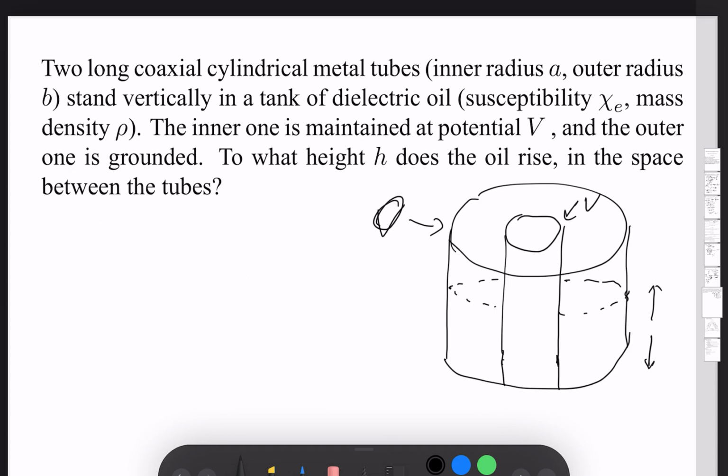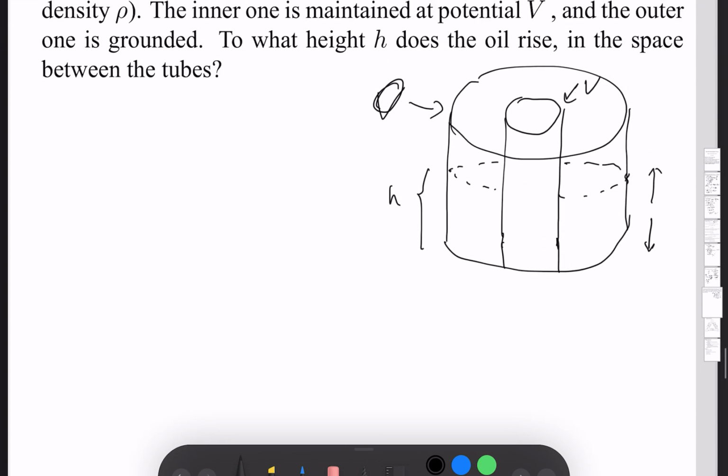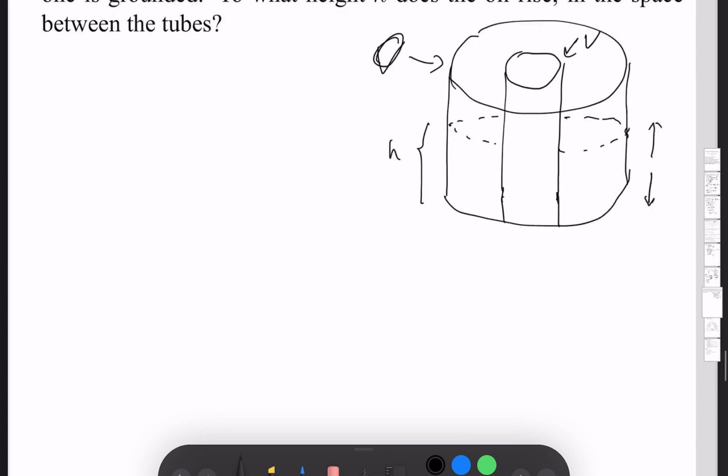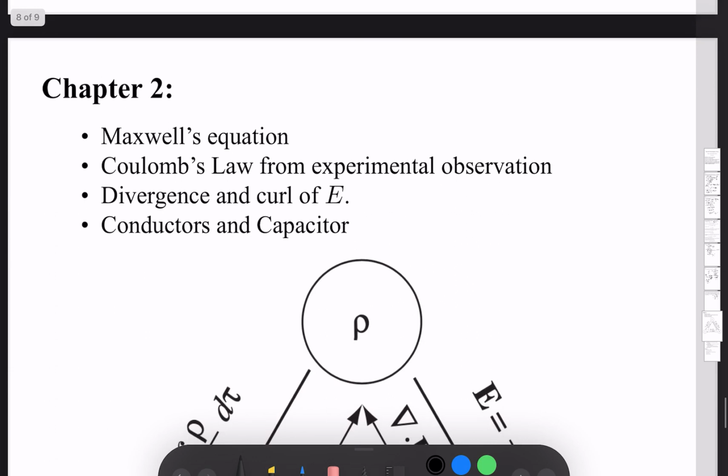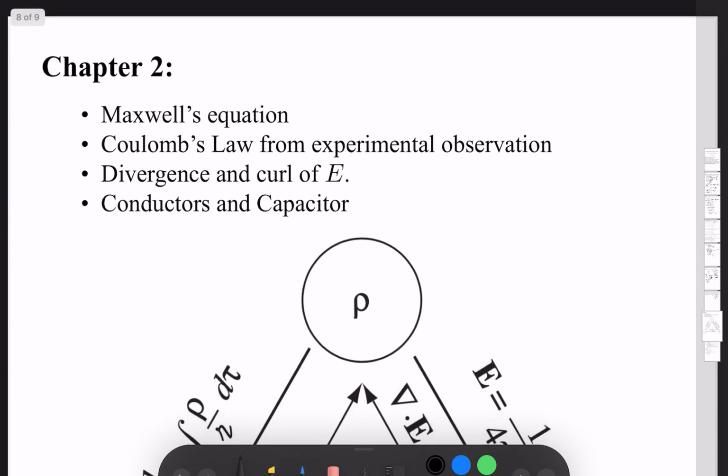You can calculate what height it will be by simply calculating the energy stored in this electrical field.